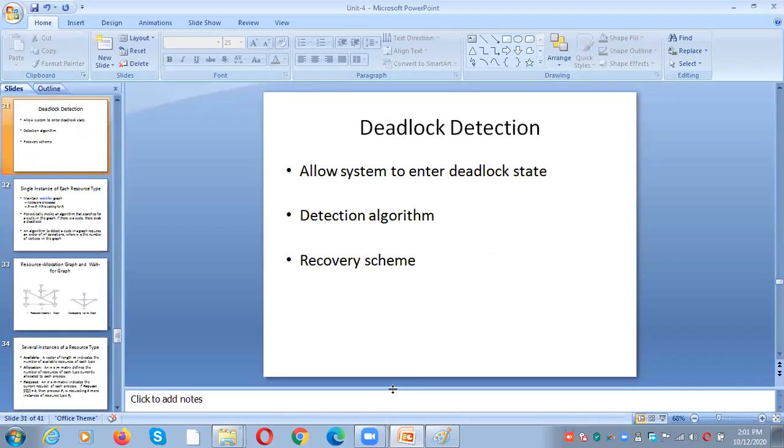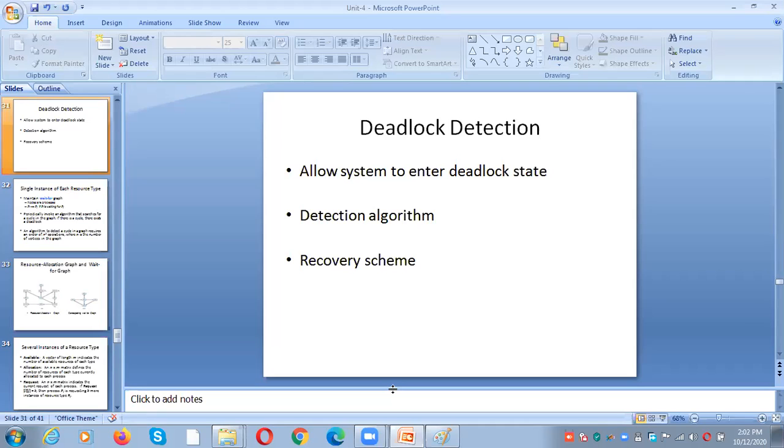And the next concept is deadlock detection. So far, we have completed deadlock avoidance using the single instance resource allocation graph, and then we talked about Banker's algorithm and the safety algorithm. Now we are going to talk about deadlock detection.